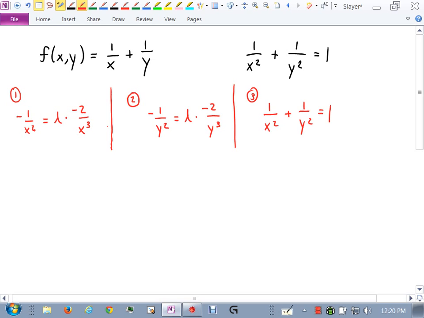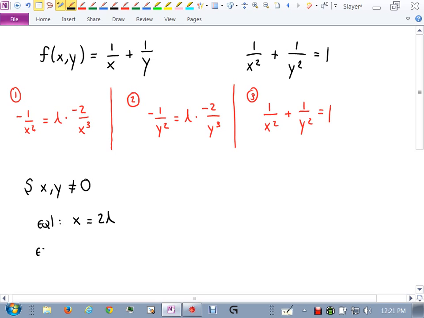But I'm still going to be meticulous. I'm going to say suppose x and y aren't 0. Then equation 1 becomes, multiplying both sides by x cubed and negative 1, because I want to get rid of these negatives, however you want to get rid of the negatives, it should turn into x equals 2 lambda. Yeah?